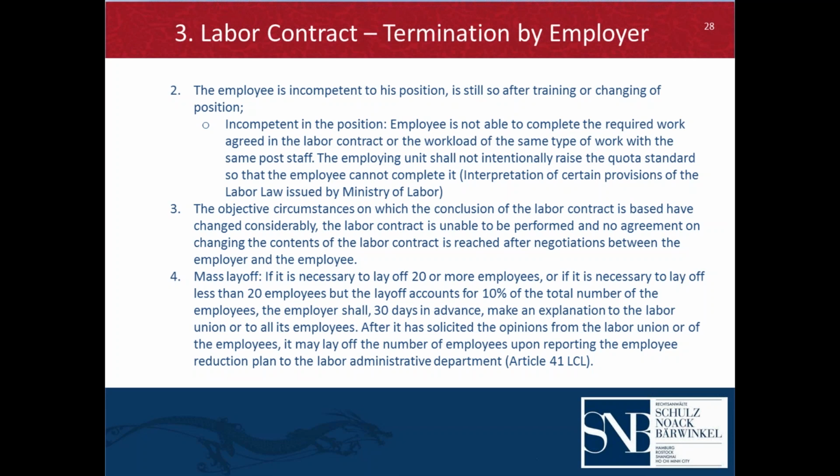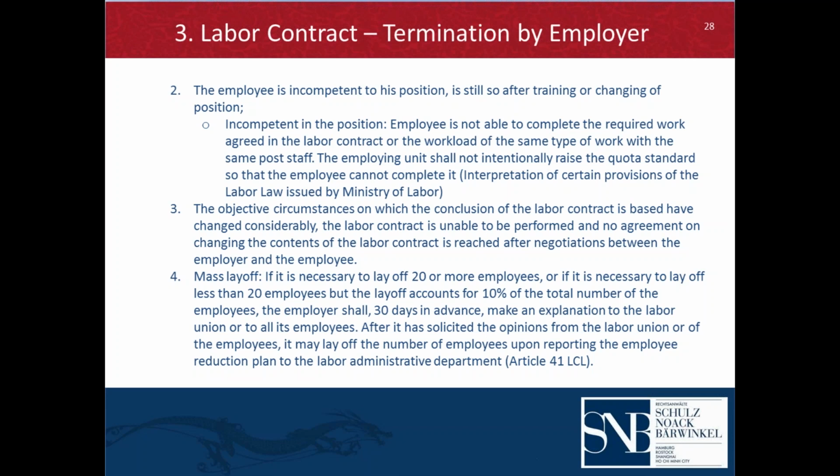But of course, you have to play fair. You cannot arbitrarily increase the quota for the output of the employment work in a way that it is impossible for the employee to complete the work. In this kind of case, of course, you are not eligible to terminate this contract.